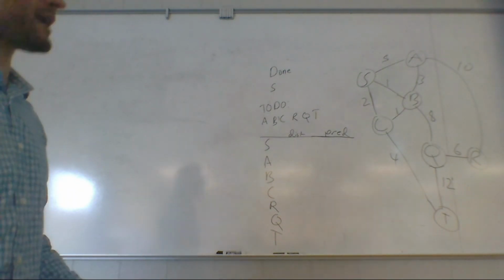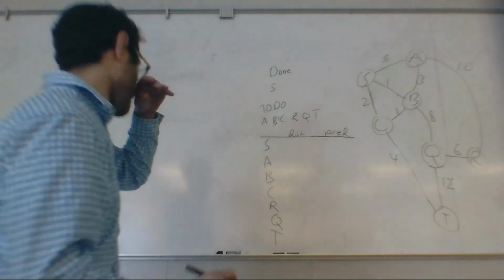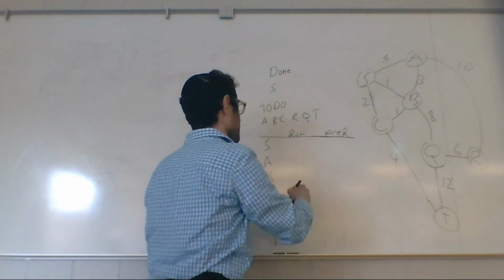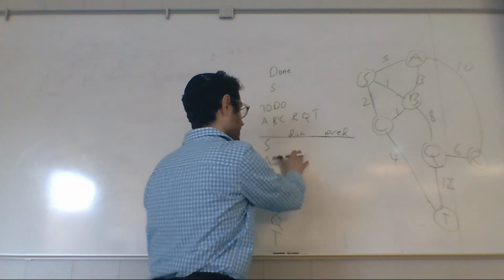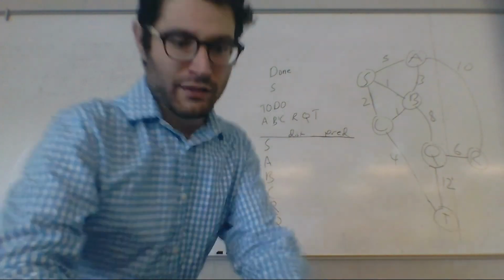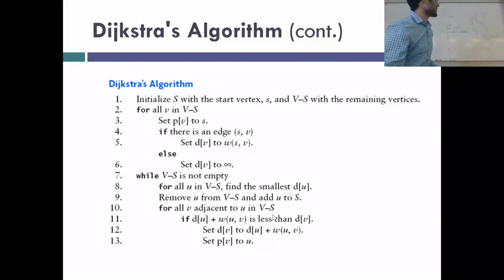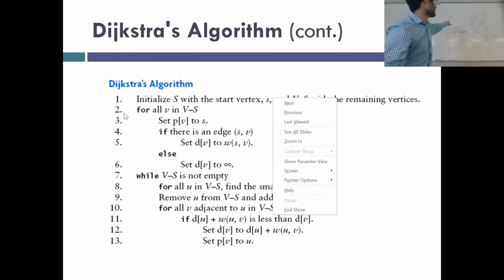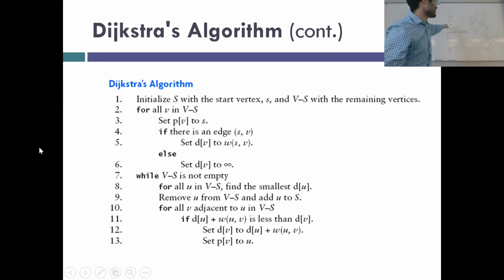So okay, we've got our starting node. The first thing we need to do is set up our initial distances. That's the first part of our algorithm, basically. We did this already: initialize done with the start vertex, and then we put everything else in to do. So for all the vertices, we need to set the predecessor.